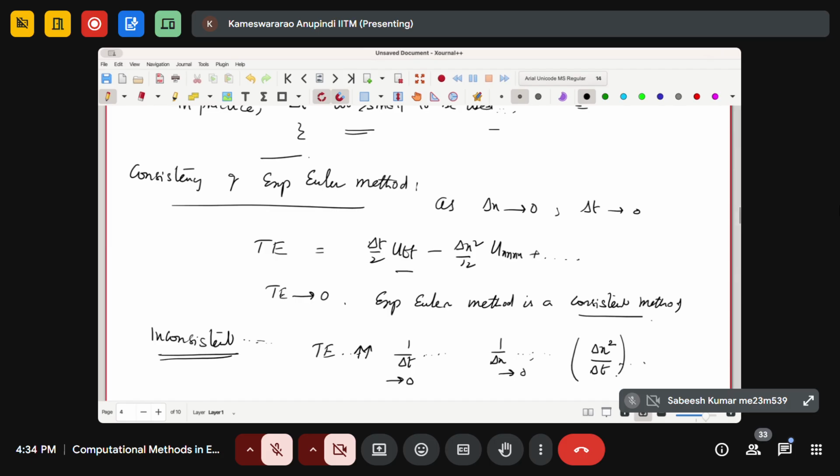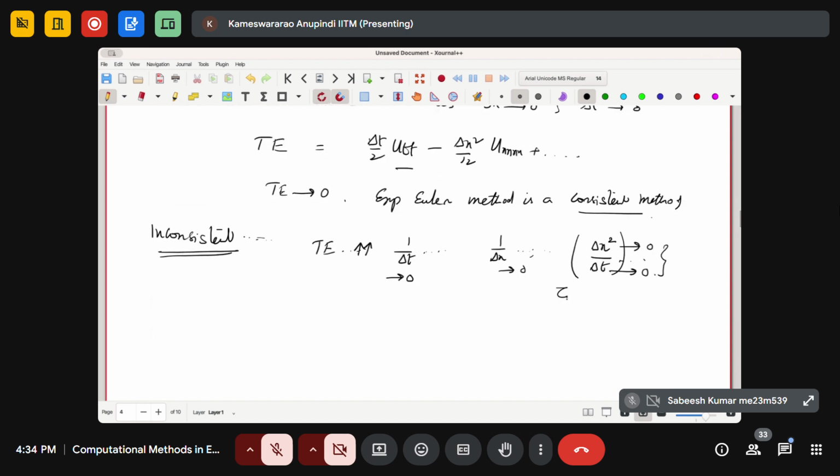In which case, as you make delta x small and delta t small, instead of going to 0, they tend towards a constant value. As a result, your method will not become consistent, or it will not reach a truncation error of 0. Rather, the truncation error will reach a constant value, although you refine your mesh, delta t and delta x.